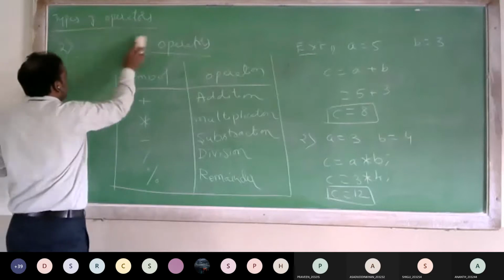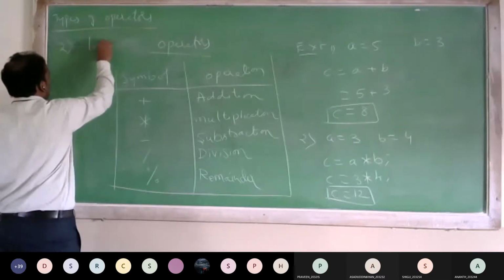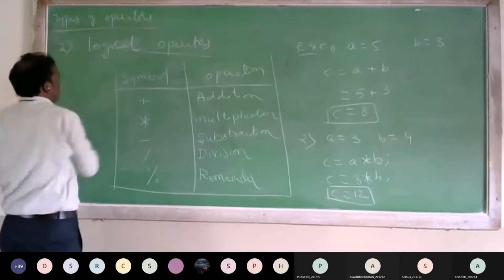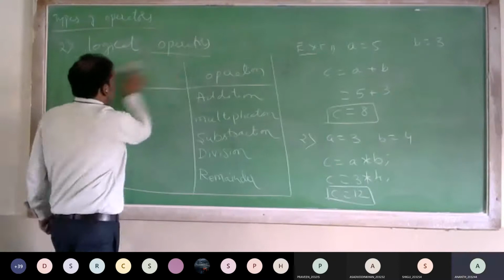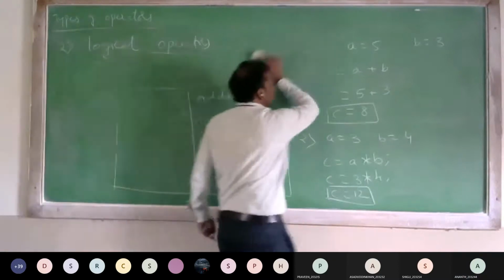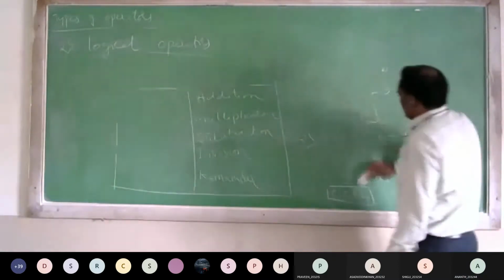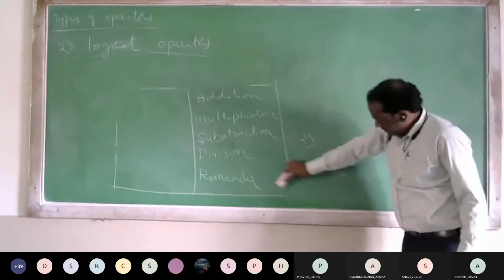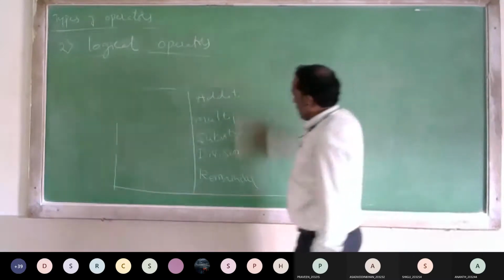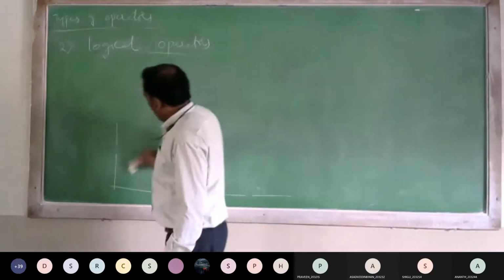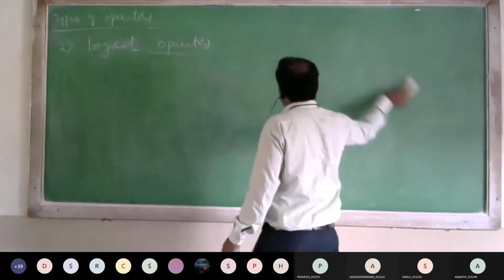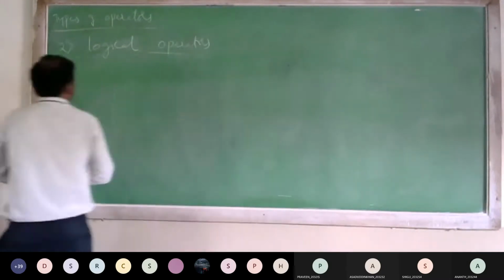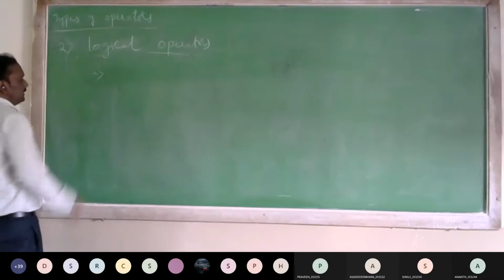Second type of operator: logical operator. Logical operators are again divided into three types.